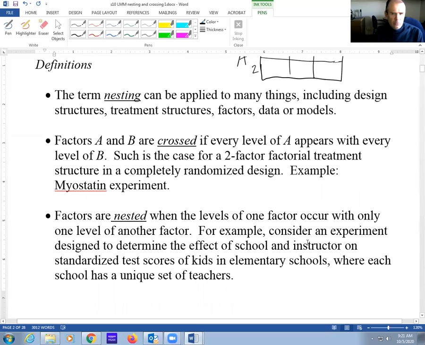So one teacher is going to be in only one school. It's not necessarily totally their doing if the kids do well or poorly, but if you're looking at the test scores for the kids in their classroom, the teacher's only going to be within one school. So the kids are nested within a classroom and teacher for each school.